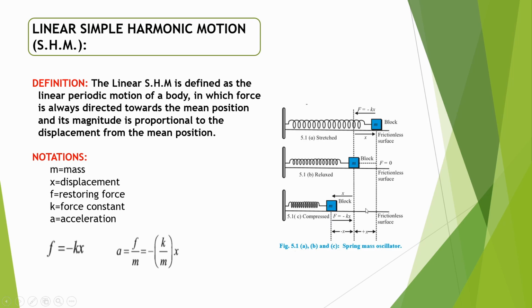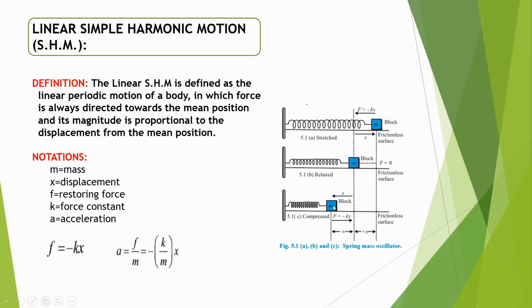In that case the spring is compressed. Due to its elastic property, the spring again regains its original shape and size, so it again exerts the restoring force on the block, and the block moves again towards its mean or equilibrium position.